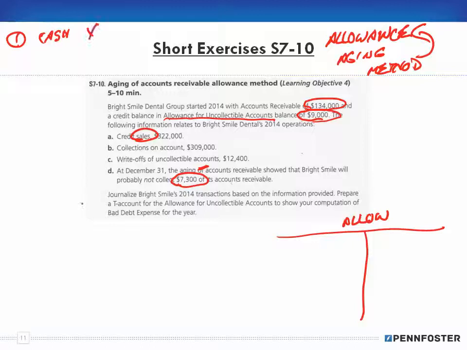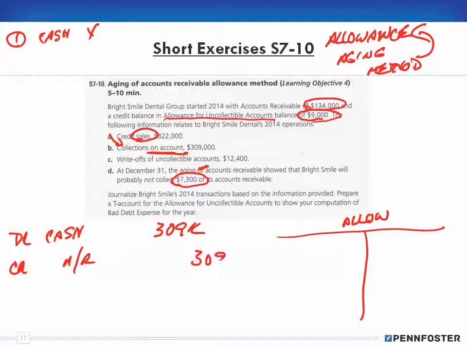The answer is yes, because I'm collecting 309,000. So my cash is going up, so I'm going to debit my cash for 309,000. And I'm going to credit something else, because debits have to equal credits. So what am I going to credit? Well, I'm collecting on the account, and my on account is my accounts receivable. So I credit accounts receivable for 309,000. That's the journal entry for B. Go ahead and pause the video if you have to.